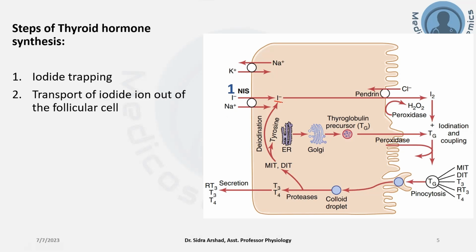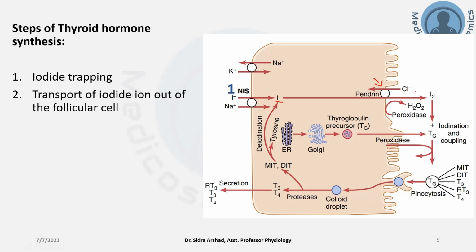The second step: we have to transport this iodide into the colloid for the synthesis of thyroid hormone, which is going to take place in the colloid. So how is it established? The transport of iodide ion out of the follicular cell is established by a protein transporter on the apical side, which is known as pendrin. Pendrin protein is actually a counter transporter.